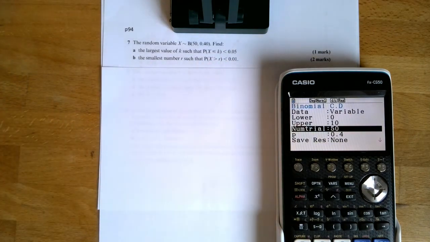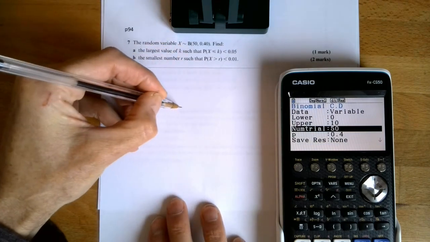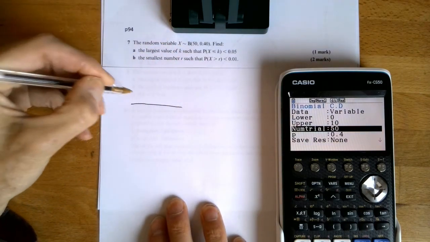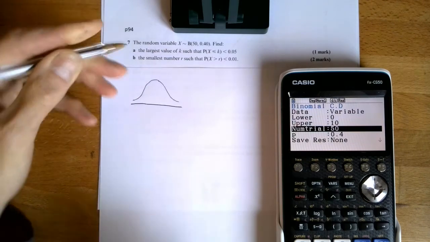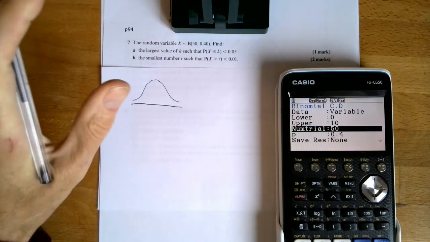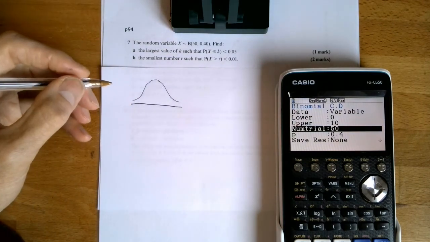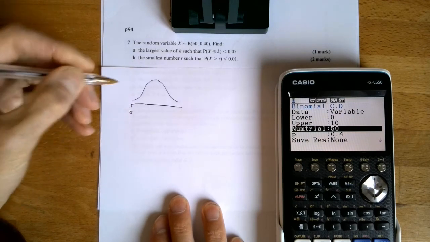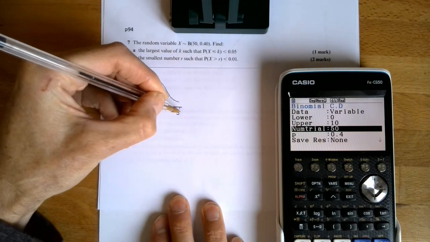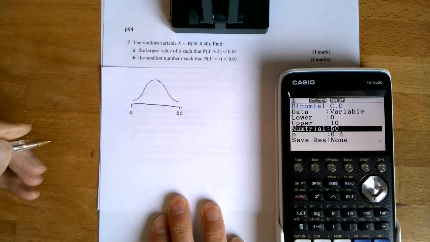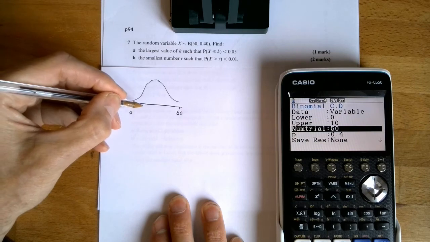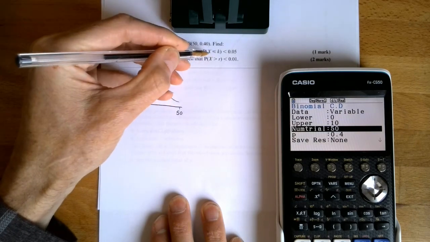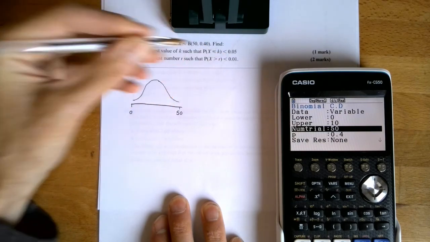So let's draw a picture. I'm going to draw my graph picture. Now I know I said it's not symmetrical, but I'm just going to draw it symmetrically. Again, it's just a representation. We're just using it to help us understand the problem. So 0 is the lowest I can score, 50 is the highest I can score, and I want to know the value k such that the probability X is less than k is less than 0.05.